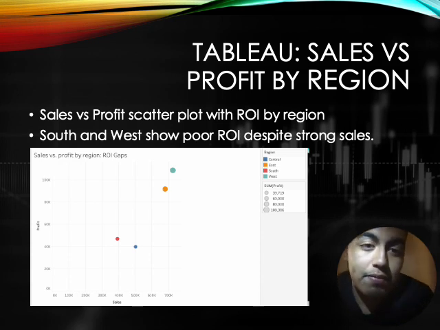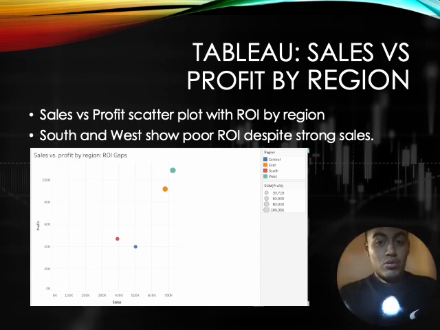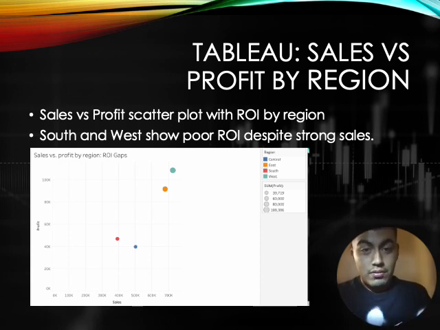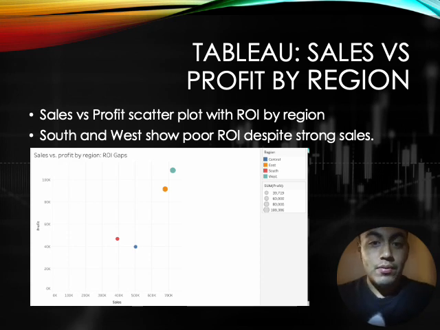These disparities emphasize that not all revenue is equally valuable, and that's very vital information for someone who may not know this or may be new to something like this. So it's important to emphasize and remind them that not all revenue is equally valuable, and the regions differ significantly in the return on investment, which to me is very important.